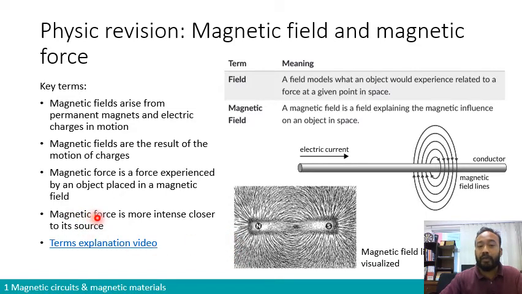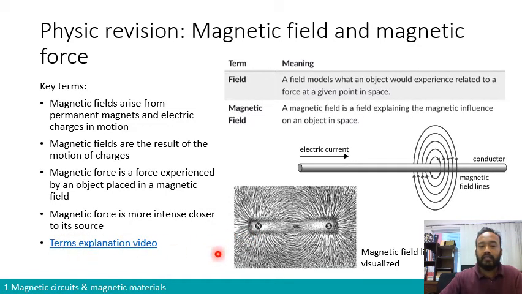So when you place something around an element that creates a magnetic field, the magnetic force is more intense when you are closer to its source. When you're closer to a pole of a magnet, it's very, very intense. But as you get farther from the source of that magnetic field, you'll feel less and less force, right?